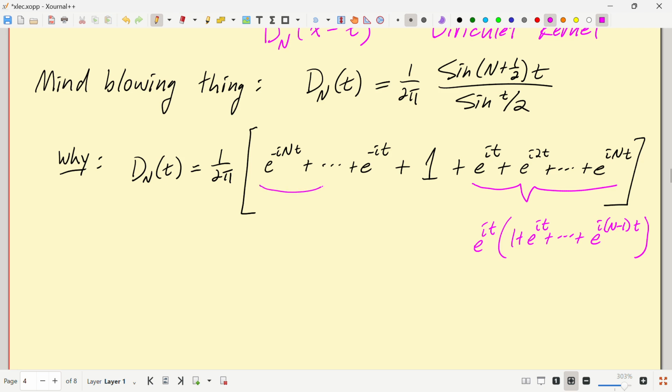This one I can do the same thing with, but this time I'll factor out an e to the minus int. And then I'd get 1 plus e to the minus it plus e to the minus i2t out to e to the minus i(n minus 1)t when I factor it out.